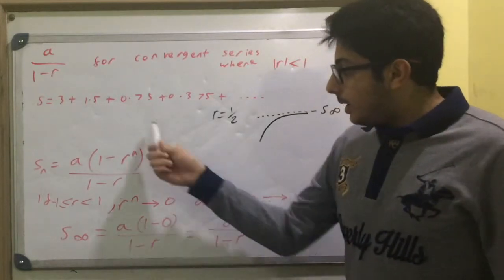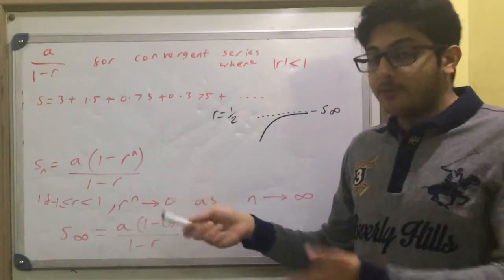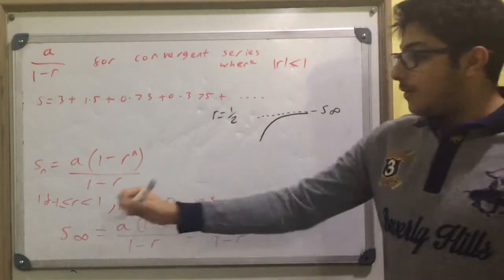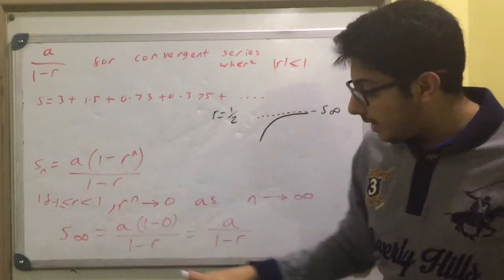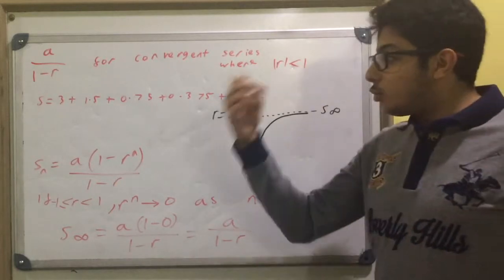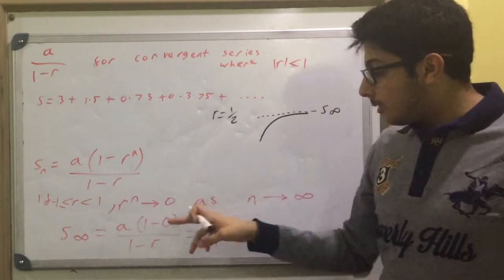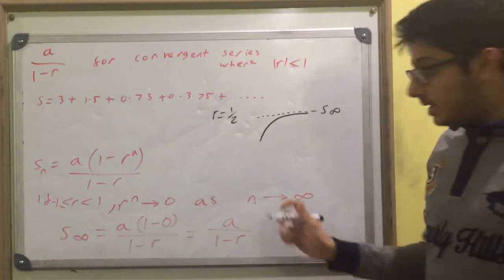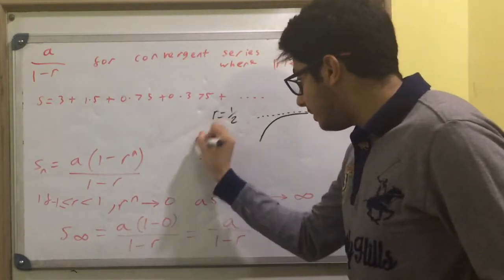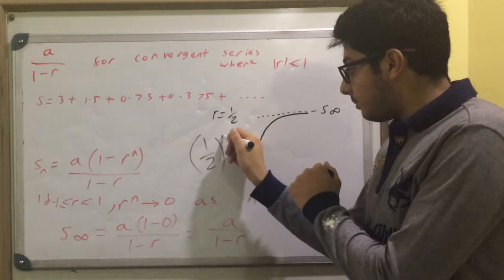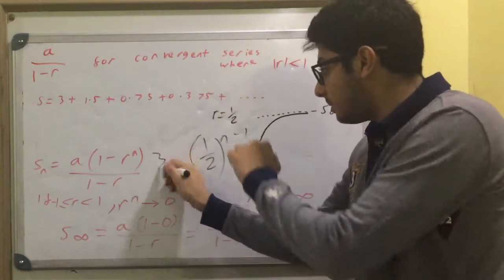So, here is the normal formula for the sum to n terms. If r is smaller than 1 or bigger than negative 1, then as we increase the number of terms, r to the n is going to tend to 0. So we have a half, to the power of n minus 1, and the first term is 3.